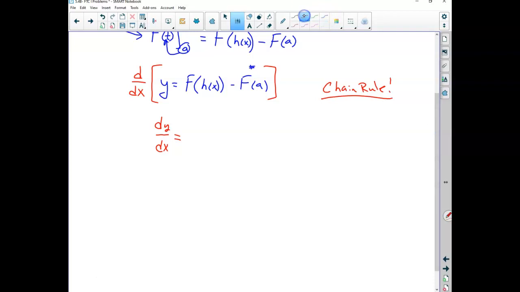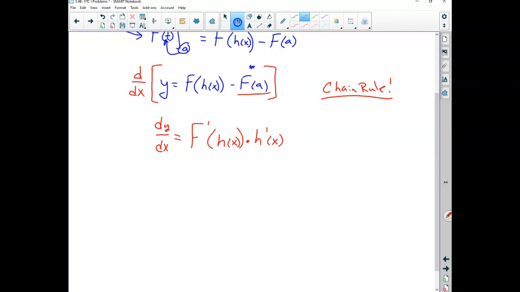So what do we get? That's going to be, okay, little f, or actually here, I'm going to make it the other way so everybody understands. I'm going to say, hey, that's big F prime with h of x in it. And then remember, we had to go back inside and take times the derivative h prime of x, the derivative of the inside function.